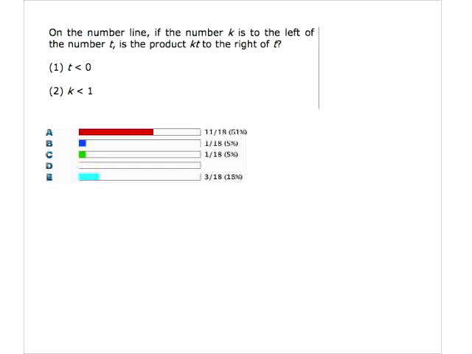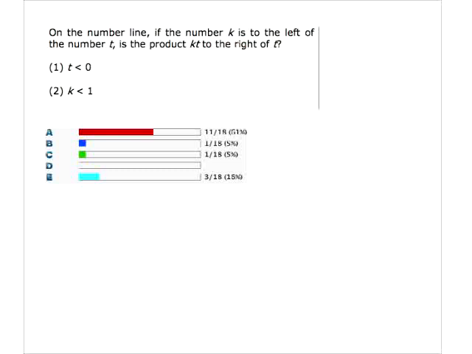Okay. So the story here is this. If K is to the left of T, is the product KT to the right of T? That's a good point. Although, you'll see, some of them fall into other categories, but this one definitely does. Does anybody know what this means?